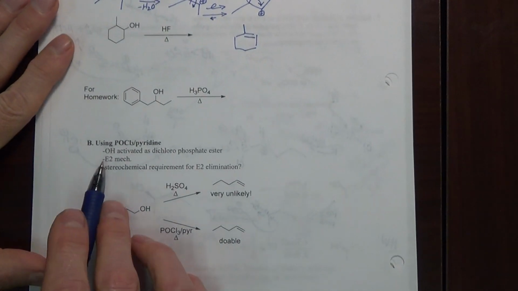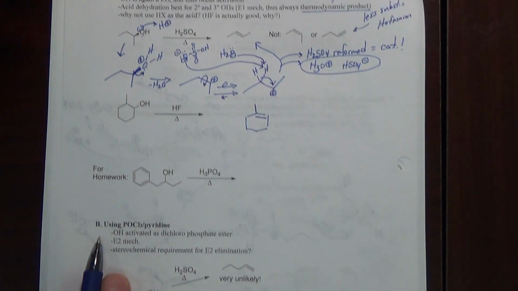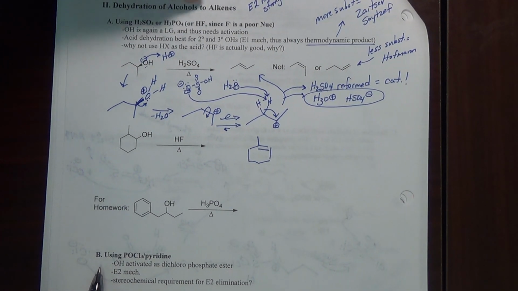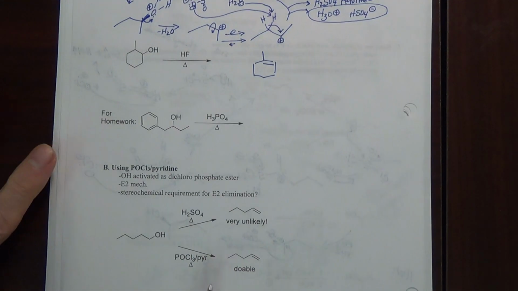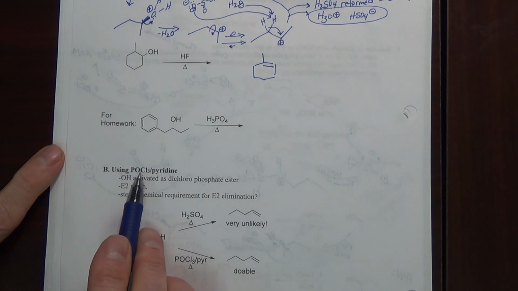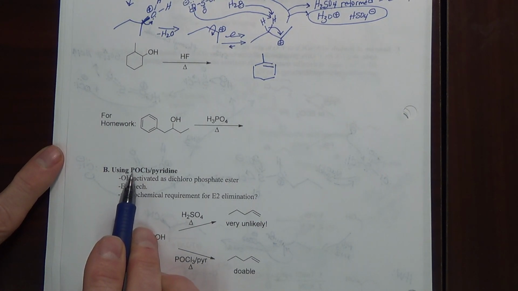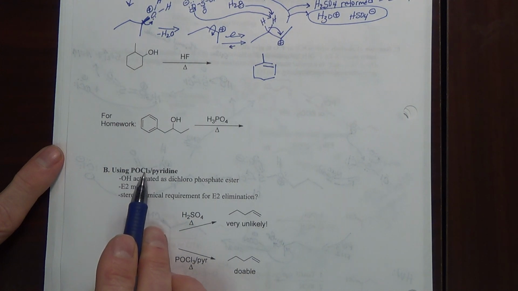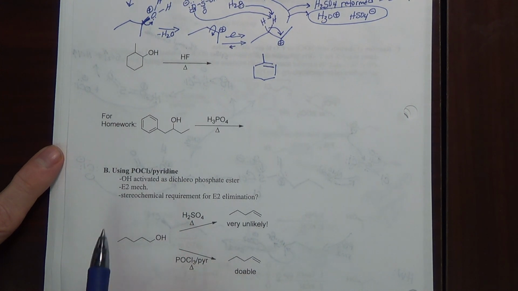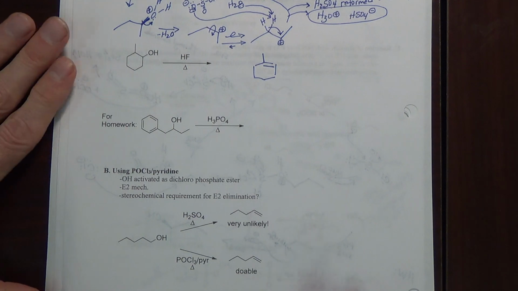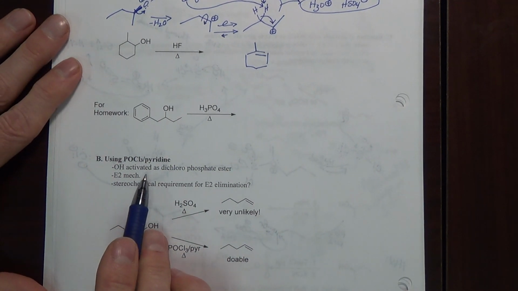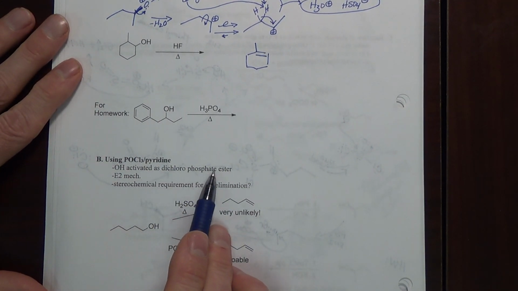Okay, let's look at B. It must be another way to dehydrate an alcohol to an alkene. It is using POCl3, often pronounced pocyl, with pyridine. Here the OH is activated as the dichlorophosphate ester.